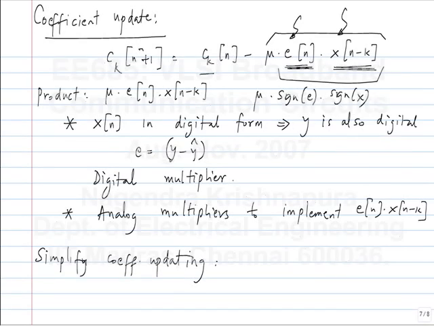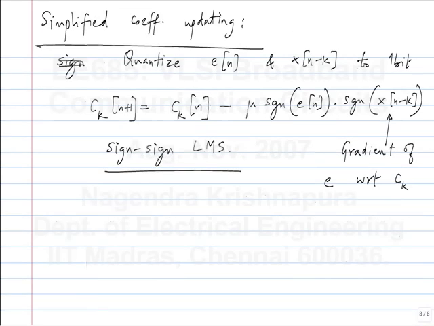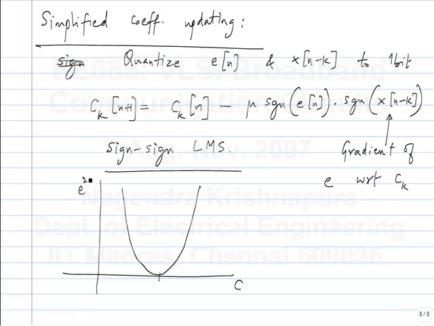So let's again take the one coefficient example, or the automatic gain control. This is E square with respect to C0. Now the step here is mu times E times X. Now as you get closer and closer to the minimum, the value of E itself is getting smaller and smaller. So the step is also getting smaller.